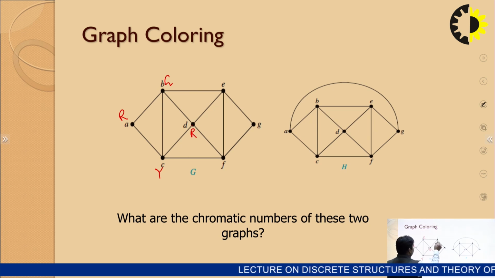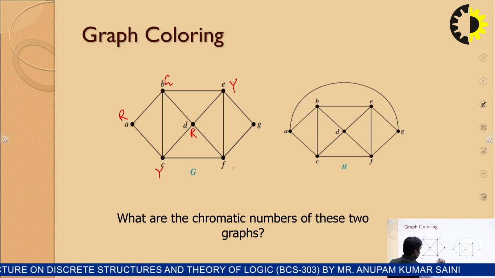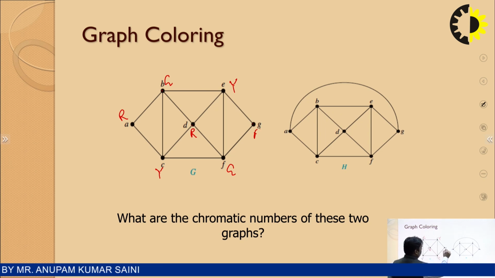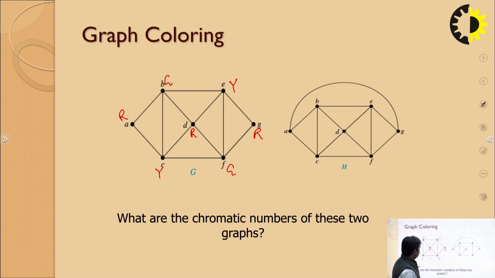This vertex is adjacent to G but not C, then yellow can be assigned here and green can be assigned here. Now this vertex is not adjacent to this and this, then red will be assigned here. Then the chromatic number of this graph will be 3. We can color with 3 colors.